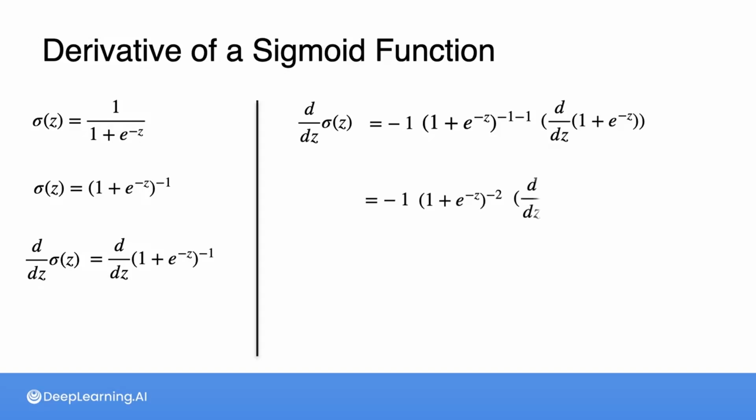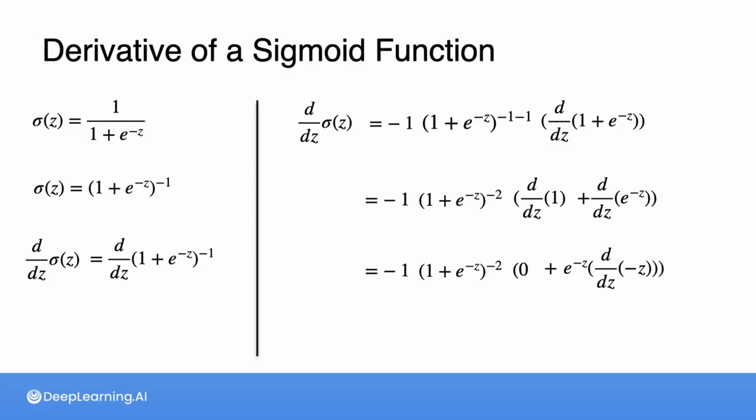That's exactly the chain rule. So let's rewrite it as negative 1, 1 plus e to the negative z, to the negative 2, times, now d over dz of 1 plus e to the negative z, which is d over dz of 1 plus d over dz of e to the negative z. And that's going to be rewritten as 0, because the derivative of a constant, that's 1, is 0. And here we have the derivative of e to the negative z, which is e to the negative z times the derivative of negative z by the chain rule.